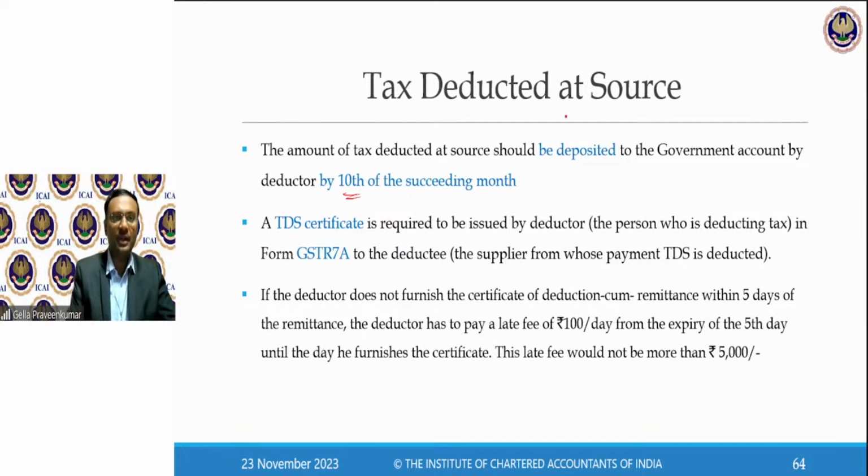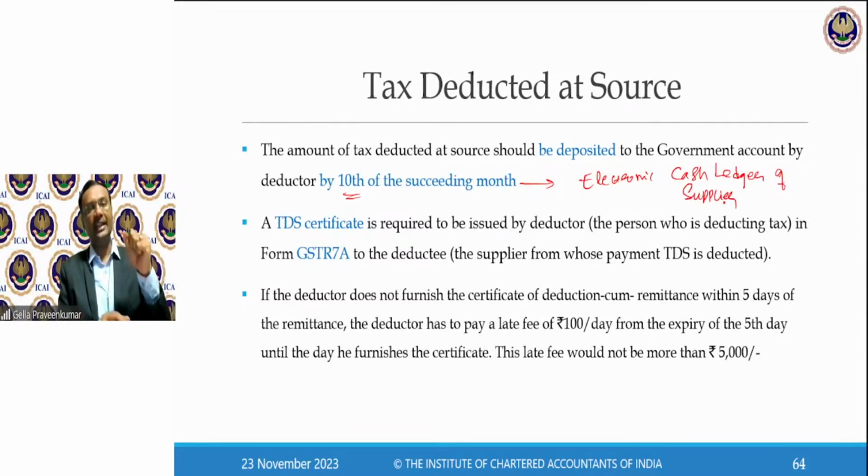Whatever TDS is deducted will appear in the electronic cash ledger of the supplier. I repeat, whatever TDS has been deducted, like your income tax. Students, please keep in mind, income tax TDS, my self-assessment tax, my advance tax, the way it is dealt. Similarly, in GST, my TCS and TDS, these two will come and sit in my electronic cash ledger.